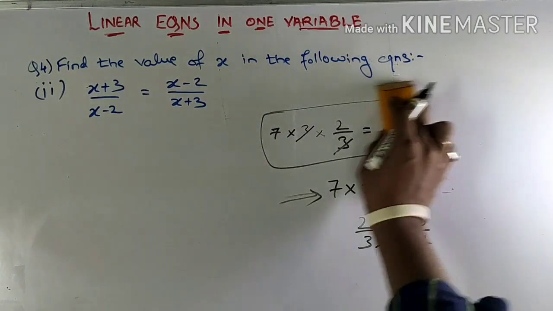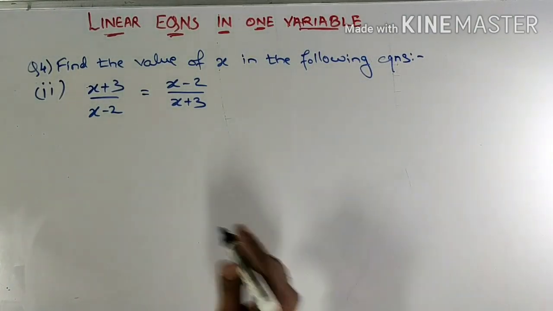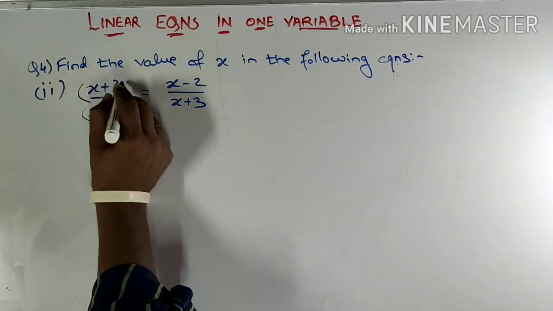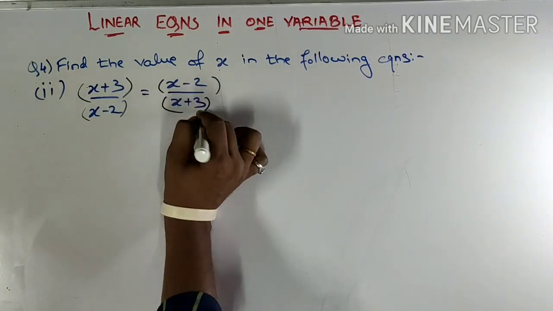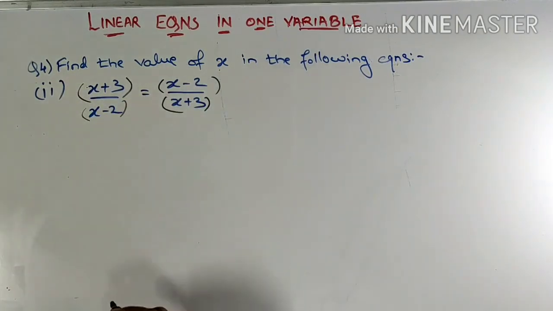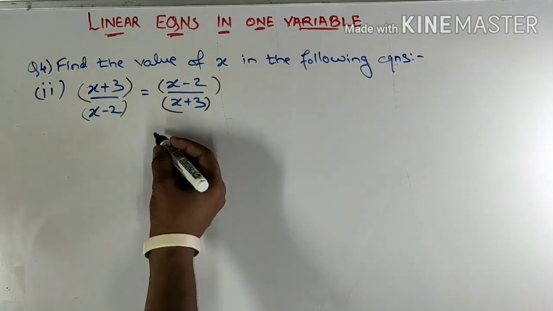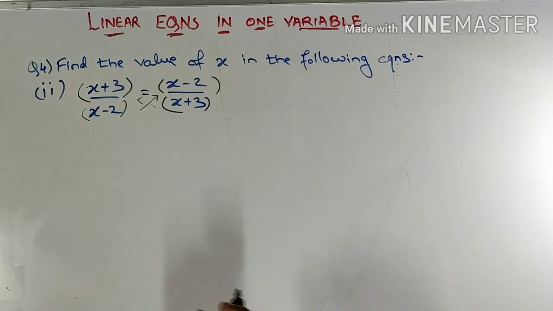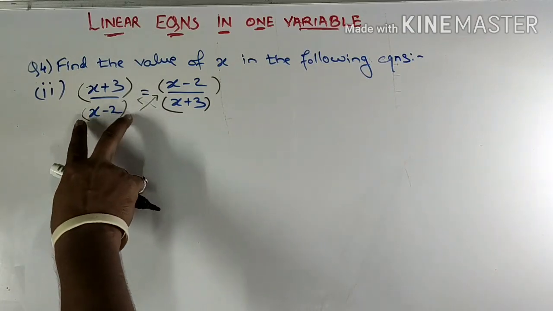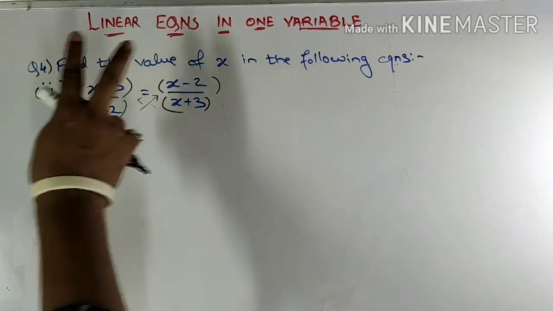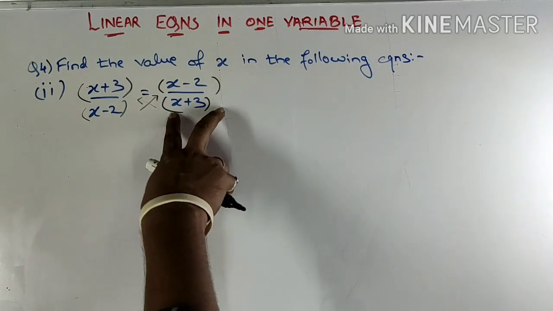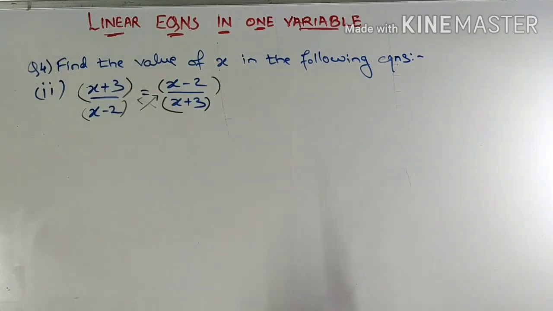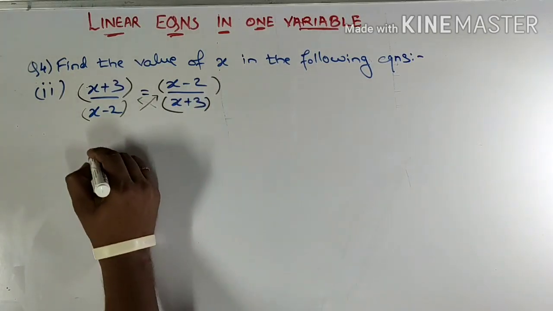Similarly, if I want to get rid of these denominators, I'll have to take the denominators on the other side. That means either we can say they are cross multiplied, or I have multiplied x minus 2 on both the sides and multiplied x plus 3 on both the sides. So it means one and the same thing. So to simplify while speaking, I just say that they are cross multiplied.